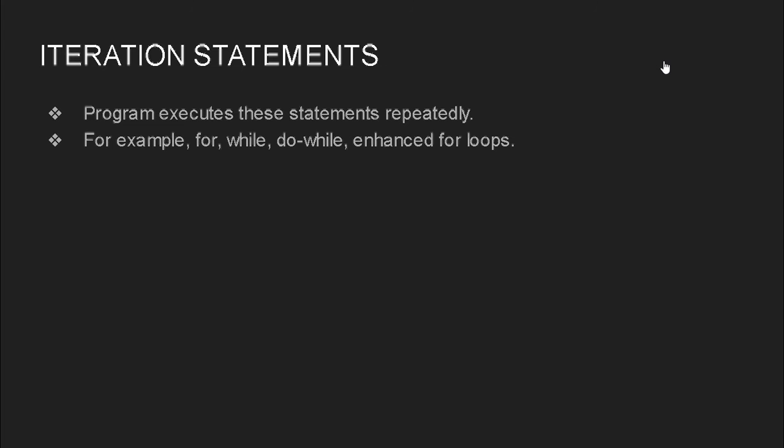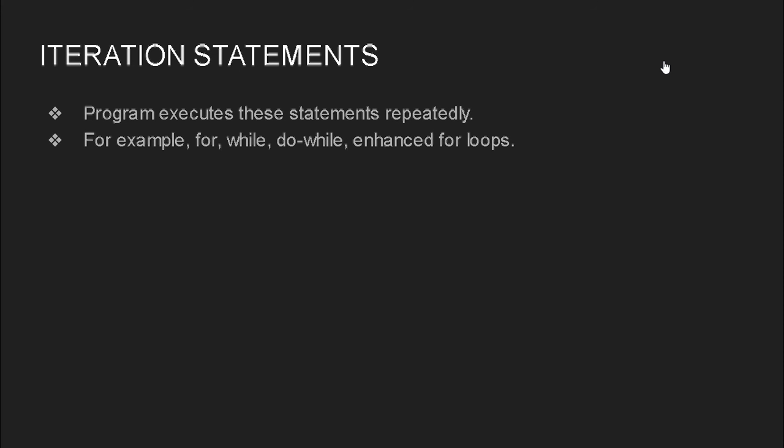Now if I talk about iteration statements, the program is going to simply execute the statements repeatedly. As I said in one of my previous tutorials, if you want to execute a set of statements more than once, then you have to use loops. Until that particular condition is true, the program is going to execute the same set of statements more than once.